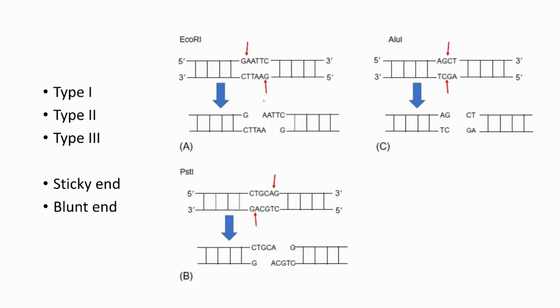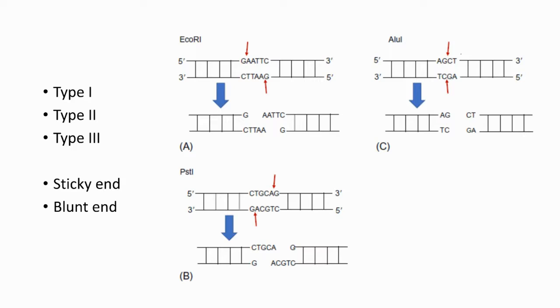After the cleavage, you go from 1 DNA molecule to 2 DNA molecules. The AATTC is a 5' end, and this AATTC at the bottom is also a 5' end. So we call this a sticky end, a 5' sticky end.